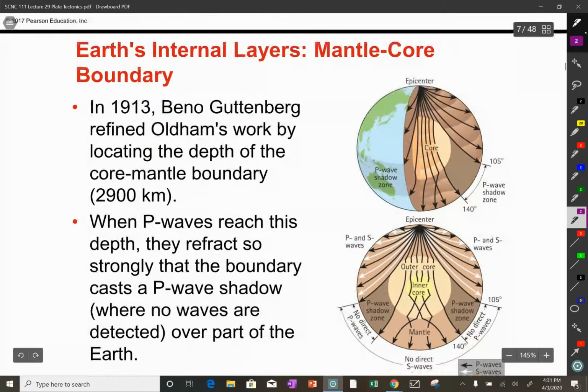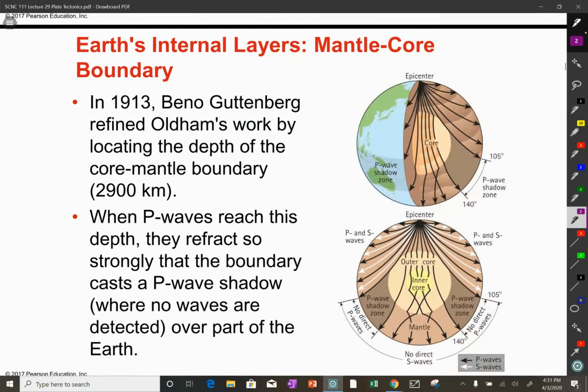So here's a picture. And the first thing you can see is when you look at the work of, was it Oldham? It's interesting because I have another screen where I'm looking at Oldham, just didn't see his name.